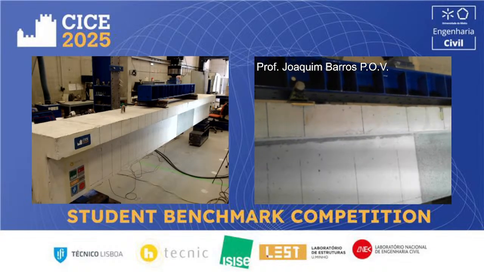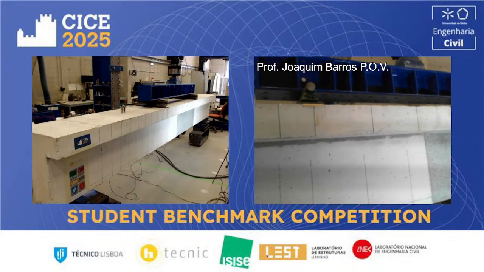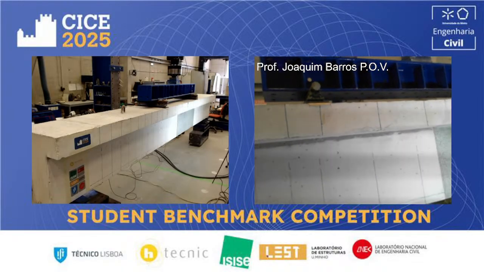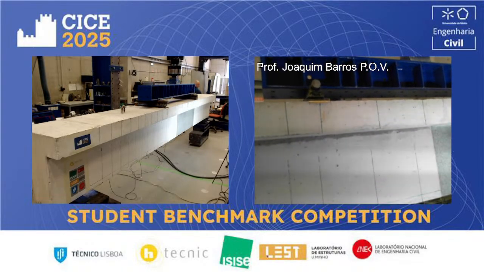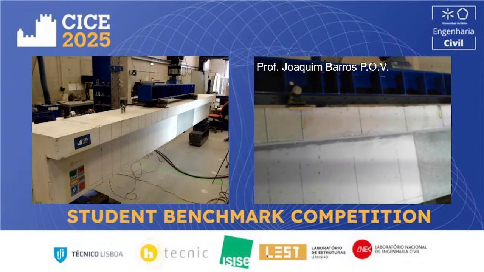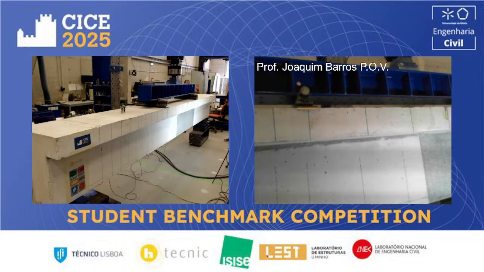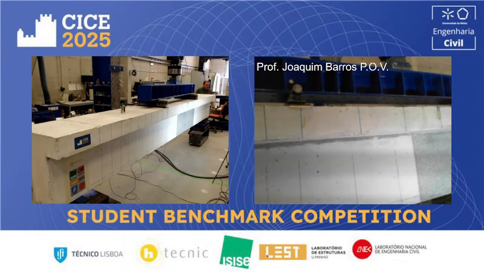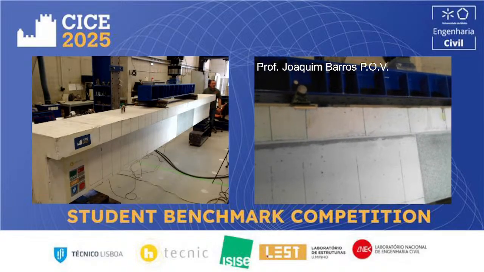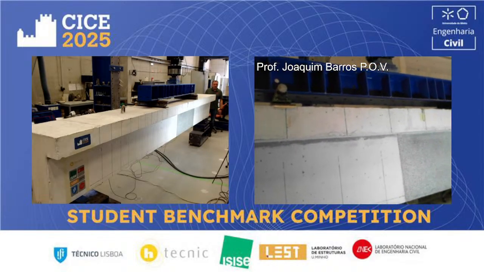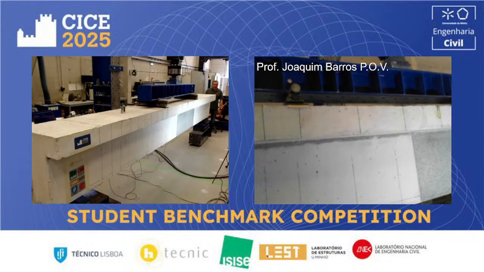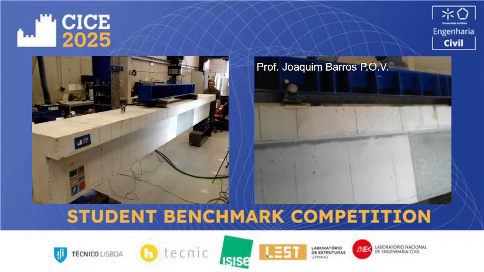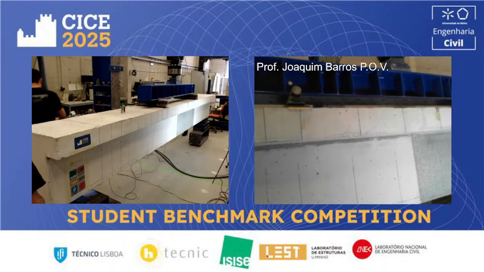Well, only to remind you that this is the second beam. The first one was tested last Monday, and after post-processing the results of these two beams, we will be able to verify who are the participants with the best score.